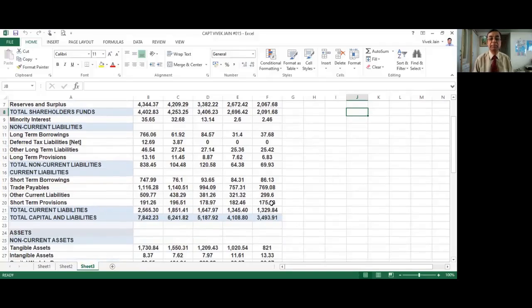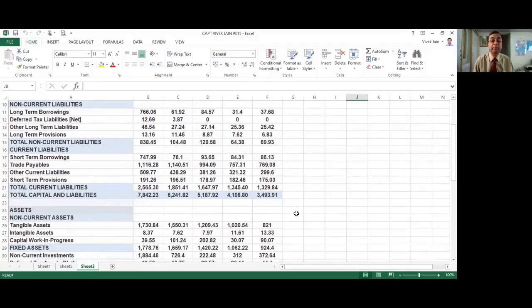Short-term provisions are being given all along from 175 to 191. Total liabilities, you can see, range from 1300 to 2500 crores. And the liabilities, when we add them with the shareholders fund, give you total capital and liabilities, which ranges from 3500 to 7800 crores. Again, doubling up, coming to nearly 18 to 18.5% compounded per annum.